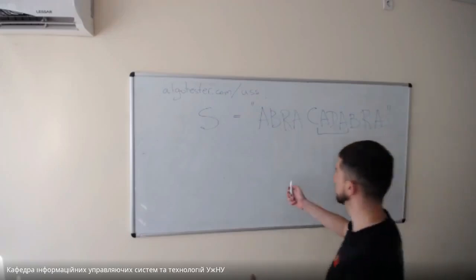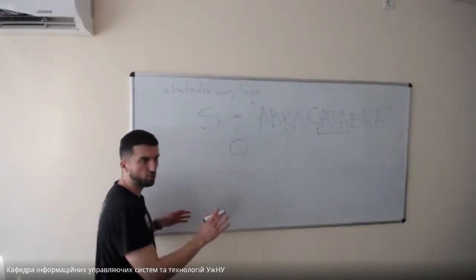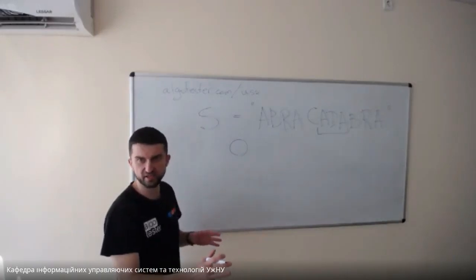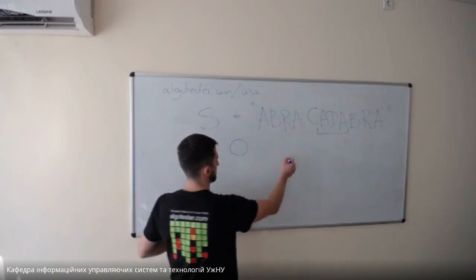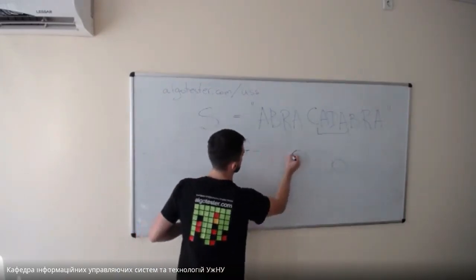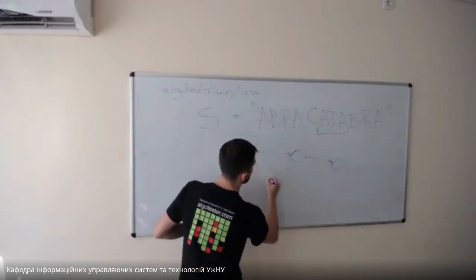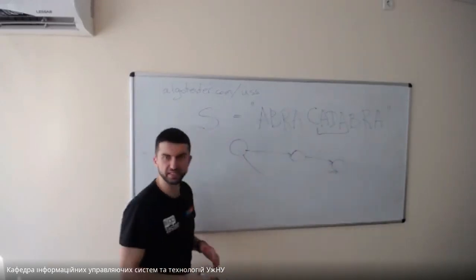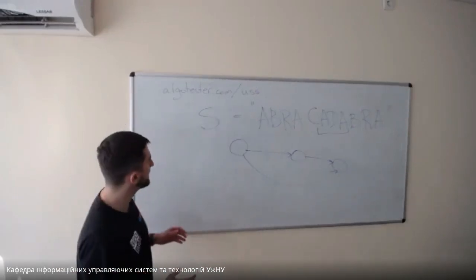Well, let me explain a little bit. So you know what is a directed acyclic graph. So a graph with some set of vertices and some directed edges or arcs between them. So acyclic means that there are no cycles in the graph.